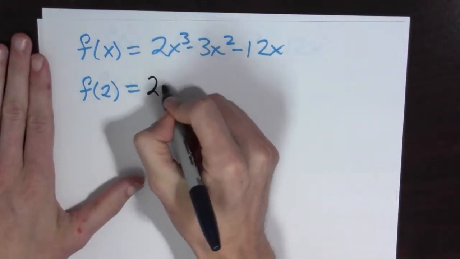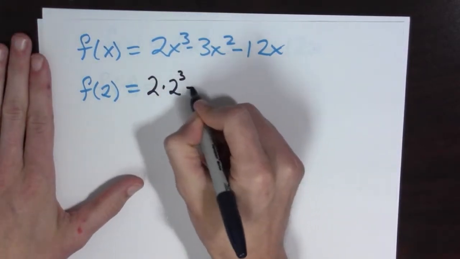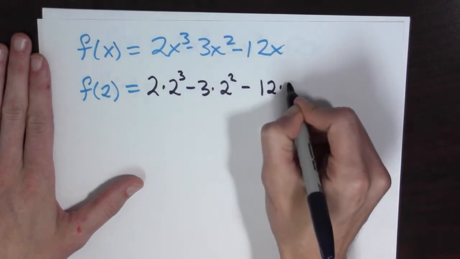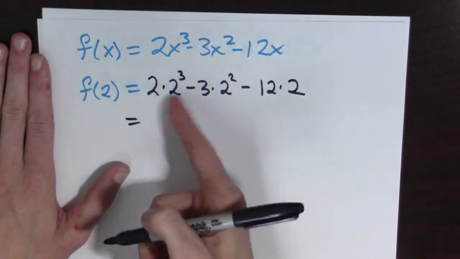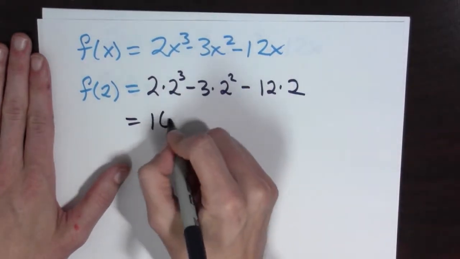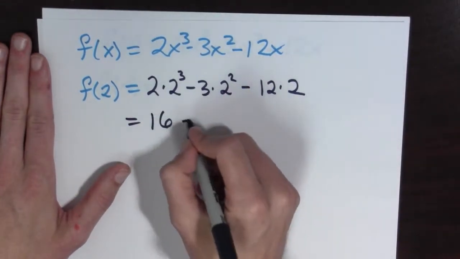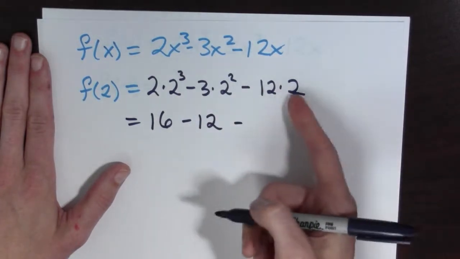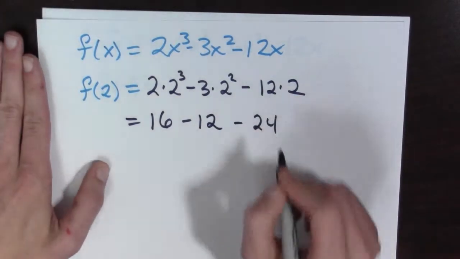So this is going to be 2 times 2 cubed minus 3 times 2 squared minus 12 times 2. Well, 2 times 2 cubed, that's 16. 3 times 2 squared is going to be minus 12. And 12 times 2 is 24.